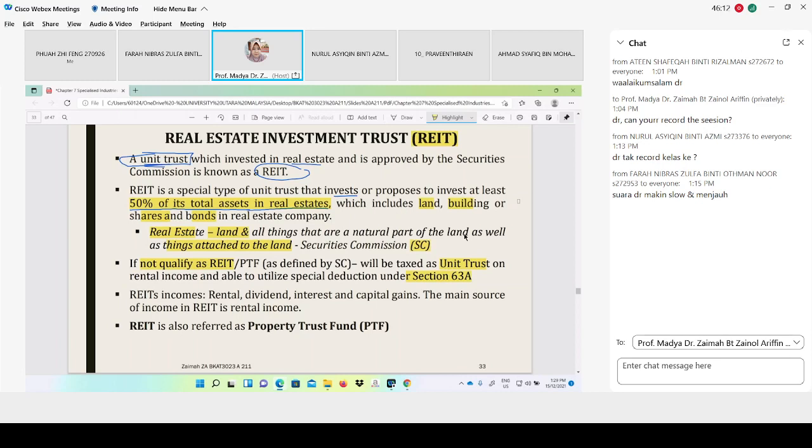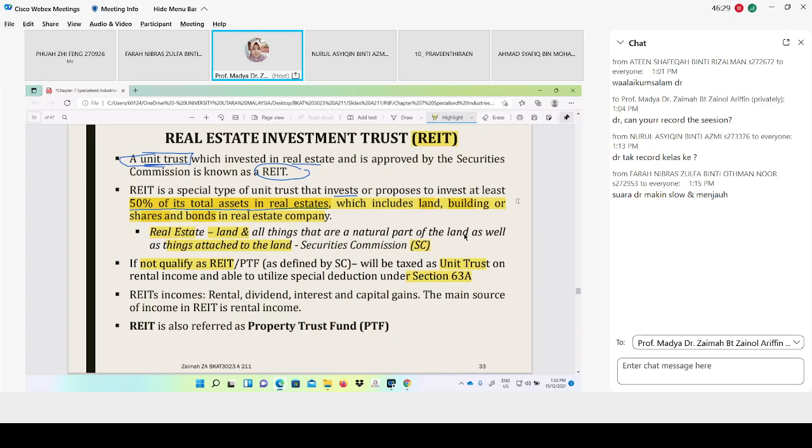But if 50% of the total assets are in real estate, this is a REIT, so we treat the taxation differently compared to the normal unit trust.